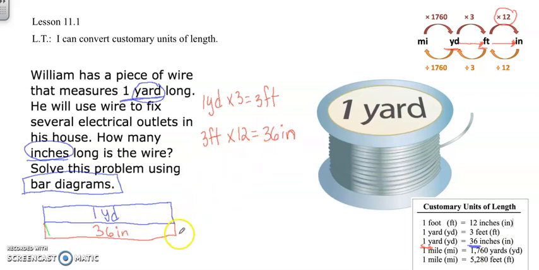Oh, that's the same answer that I got over here. William's 1 yard of wire is equal to 36 inches. And I've proved it 2 ways. All right, let's try another problem.